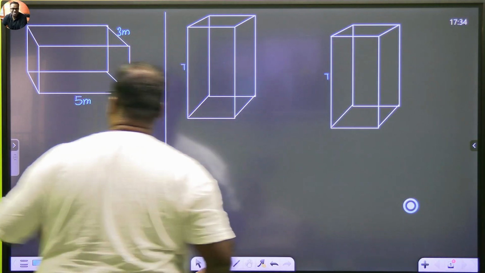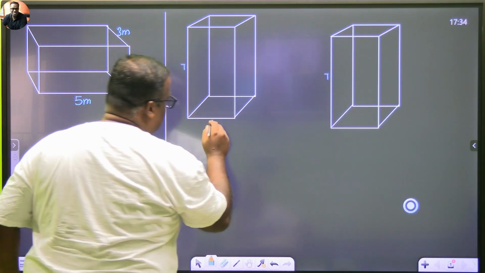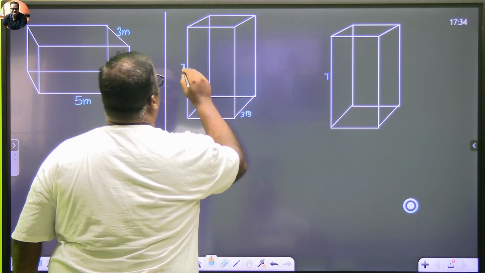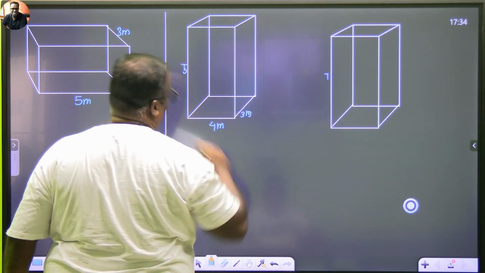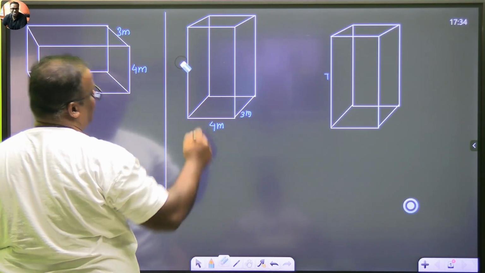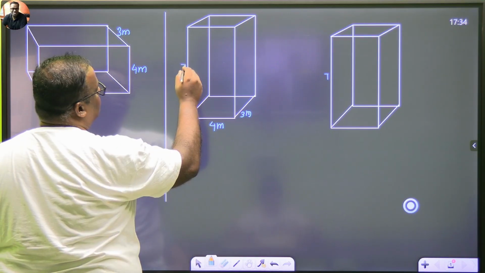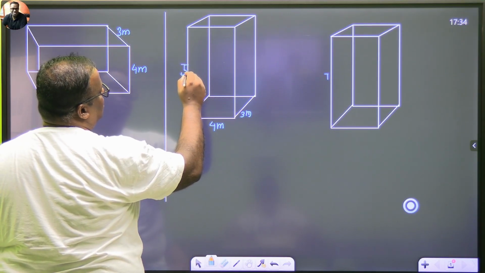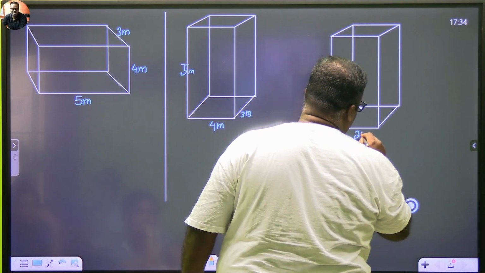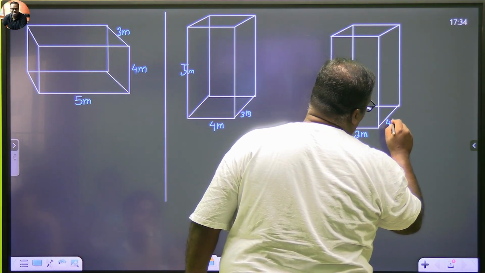Chalo. This was 5 meter. This time I have rested it on the 4 meter. This is the 3 meter. And this is my 5 meter, children. Understood? And now I have rested it on the 3 meters. And this is my 4 meters.